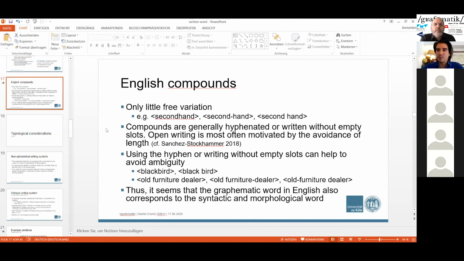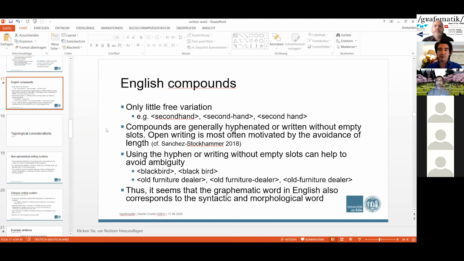The picture is a bit more complicated than pointed out by Sanchez-Stockhammer. Sanchez-Stockhammer actually worked on a computational algorithm to predict how you would write an English compound. And she has an accuracy rate of 80% or so with this algorithm, in which she says avoid length, but for other things, just hyphenate or write solidly.